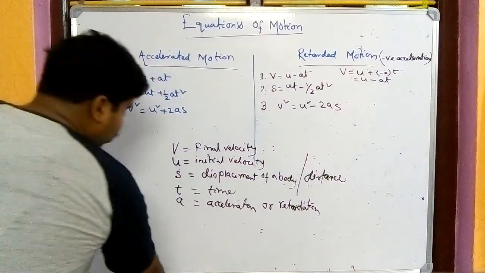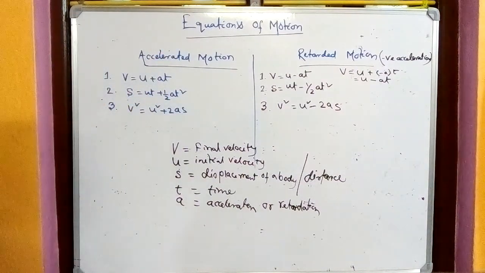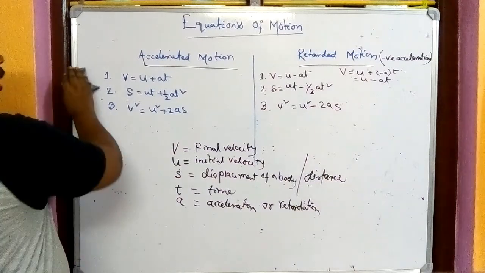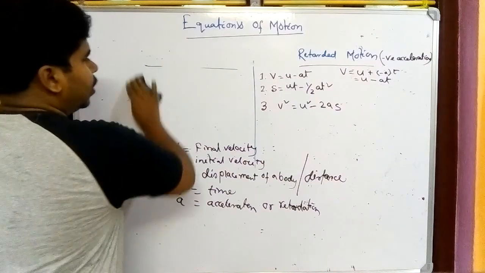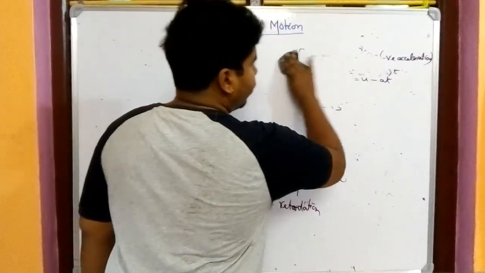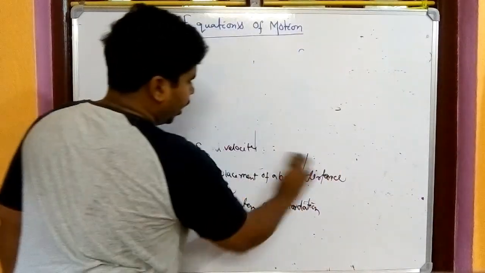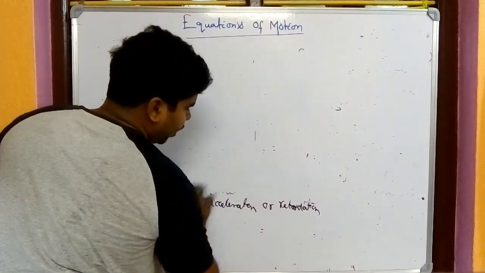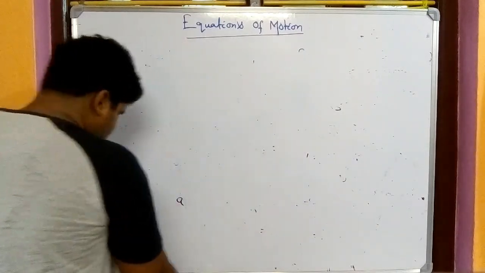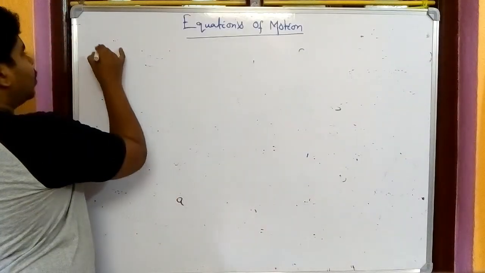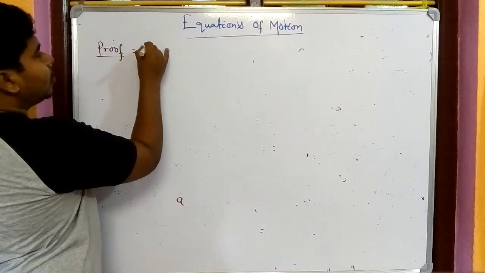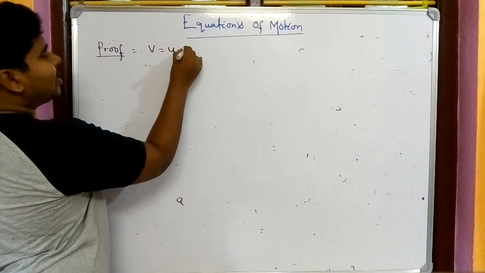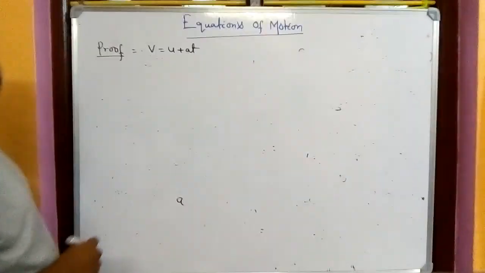Now, proof of these 3 equations, let's see how we can prove them. Okay, I'm erasing this now. If you want to write it, pause the video here, write it down and go on. So when we are talking about proof, v equals u plus at is very easy.